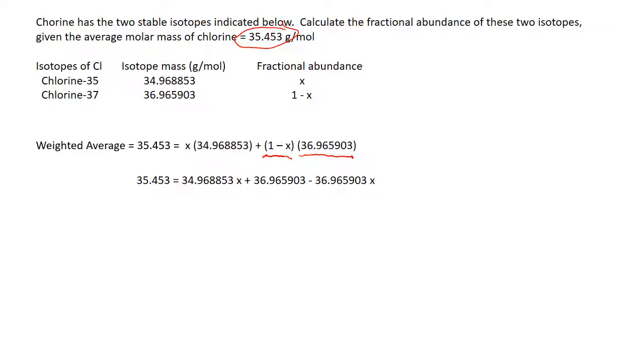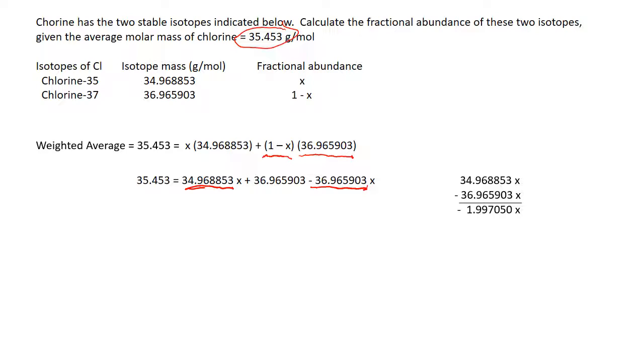The next thing will be to collect my values of X. I'm going to go out here to the right and do that. 34.968853X minus 36.965903X. When I do that math, I get minus 1.997050X. I'm going to keep that last trailing zero for now, since I don't want to do any rounding at an intermediate step.